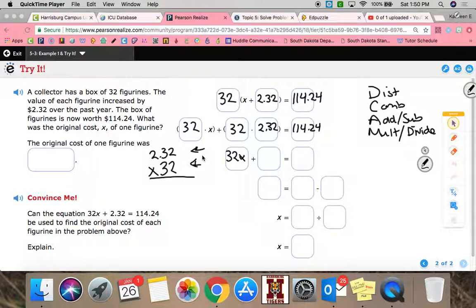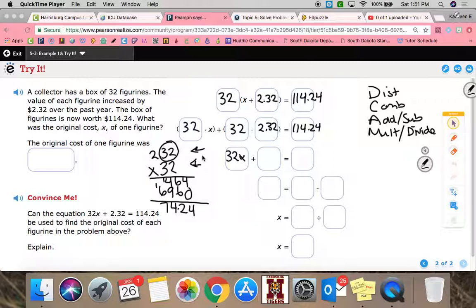So that's why I put the bigger one on top. 2 times 2 is 4, 2 times 3 is 6, 2 times 2 is 4, 0. 3 times 2 is 6, 3 times 3 is 9, 3 times 2 is 6. 4 plus 0 is 4, 6 and 6 is 12, 9 and 5 is 14, 6 and 1 is 7, and there are two numbers behind the decimal place, so there are two in my answer.